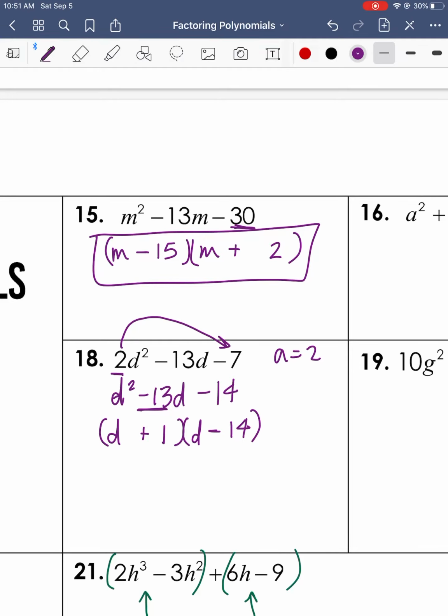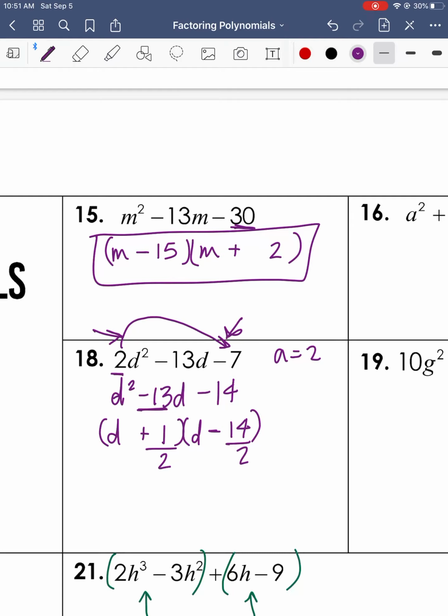This is not your last step, because we did this slip and slide thing in the beginning. We can't leave it like this because this is actually not equal to what we started with, so we need to go back and reverse that. The way that we do that is we divide both of these terms by that a number here.